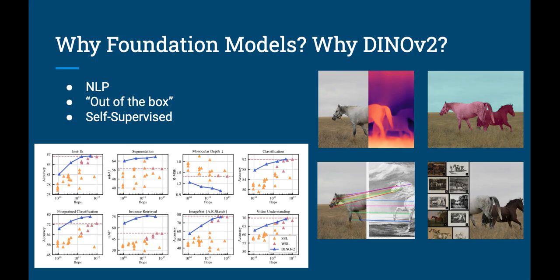Dino V2 is purely self-supervised, meaning that it does not rely on the human bottleneck of labeling each image. And by combining this with vision transformers, which are very data hungry, they have a recipe for success.